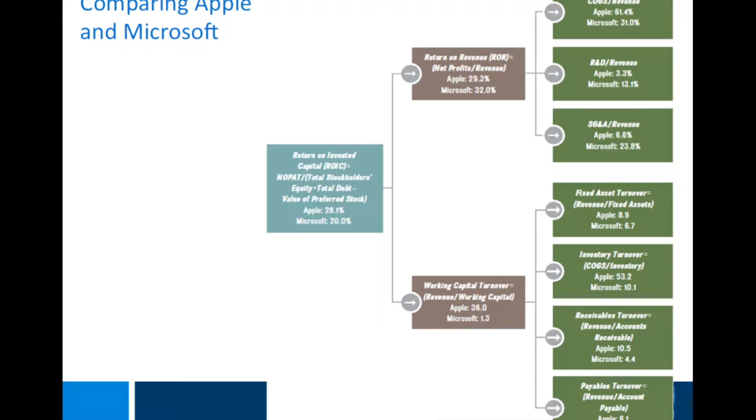Because if you look at the top of these ratios in the green boxes, you see that Apple actually has a much higher cost of goods sold than Microsoft. This is kind of intuitive.